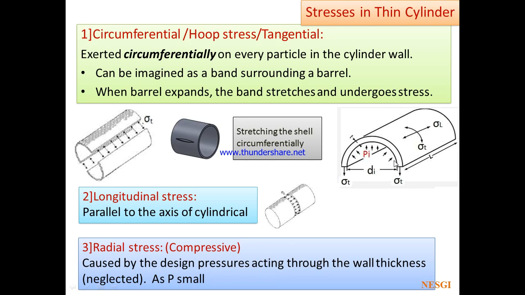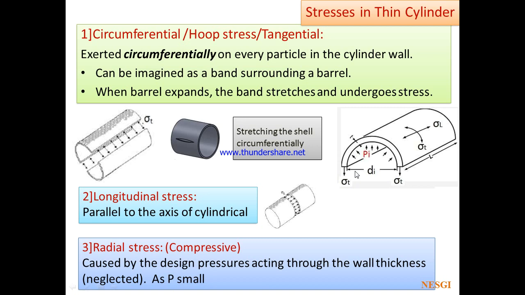As I said, thin cylinders are used for low pressure applications. As the pressure is low, the radial stress will be very low as compared to sigma T and sigma L, because radial stress sigma R totally depends on the inside pressure. As the pressure decreases, its value also decreases.